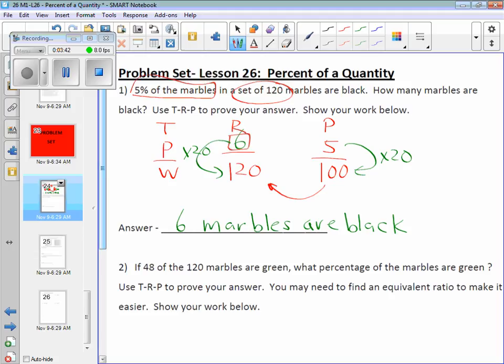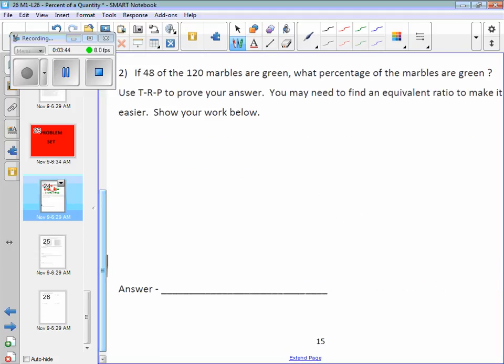Okay, let's put these pieces together. Template, ratio, percent. What's my template always? Part over whole. Where does that go? 48 to 120.